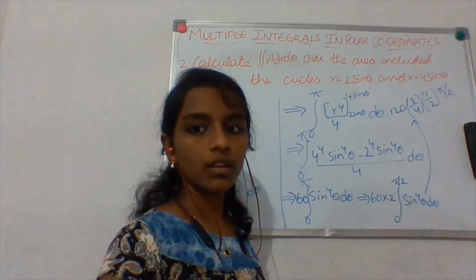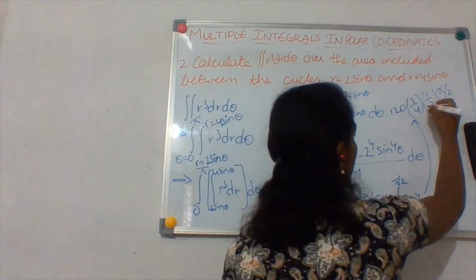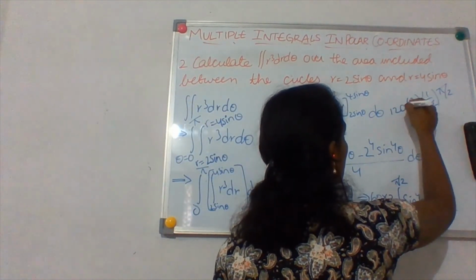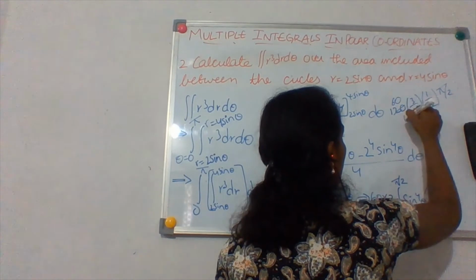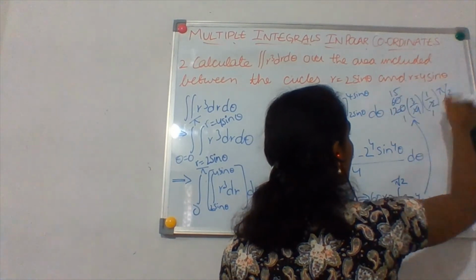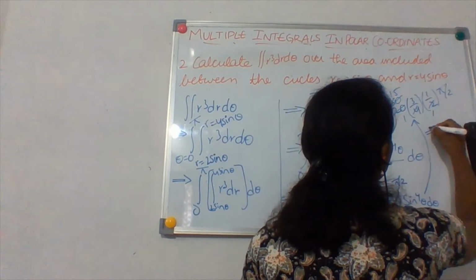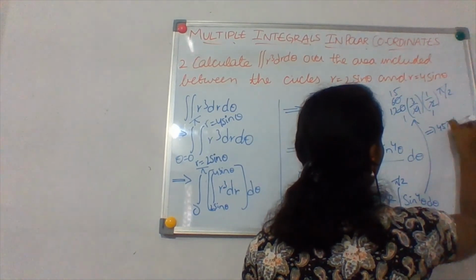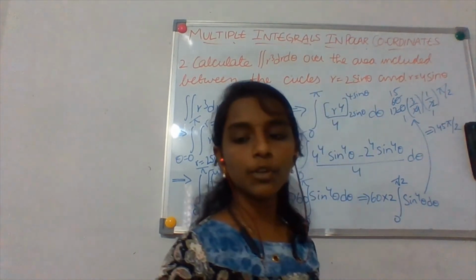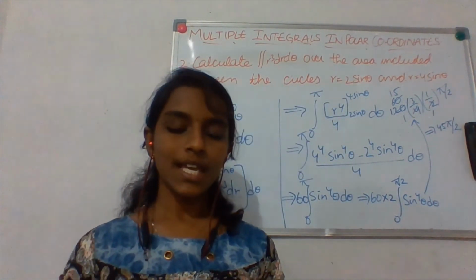Okay, so that is it, and you will get 45 pi by 2, and that would be your answer. Okay, so that is it.